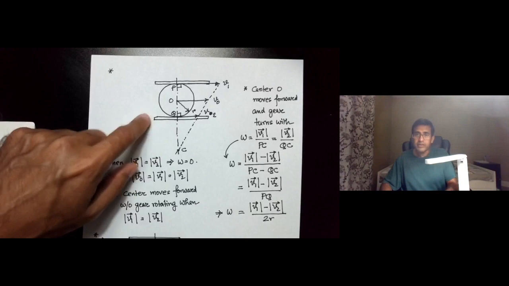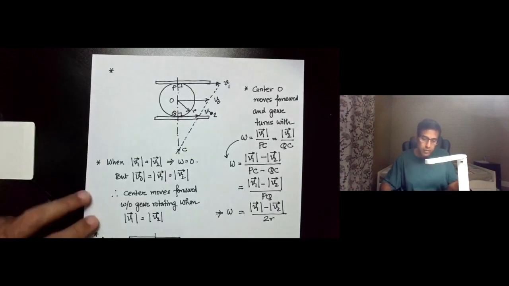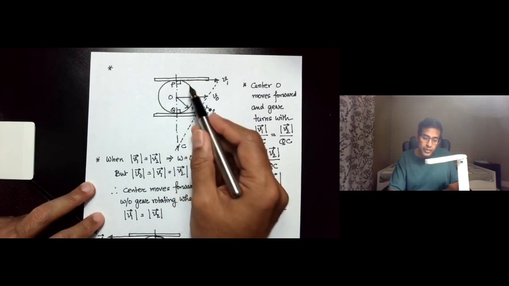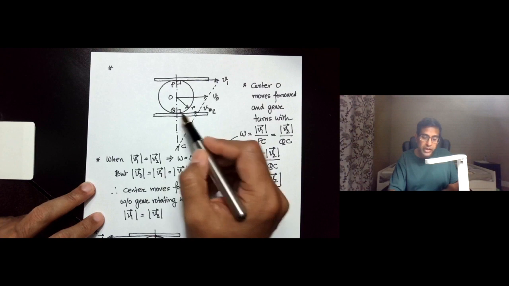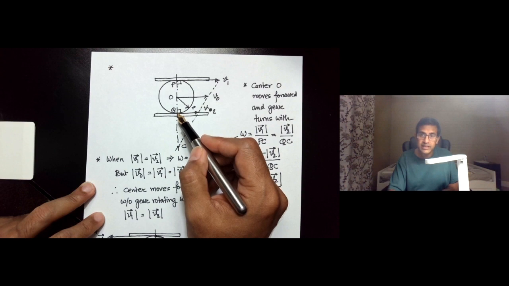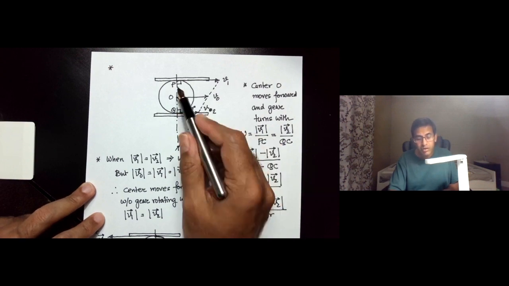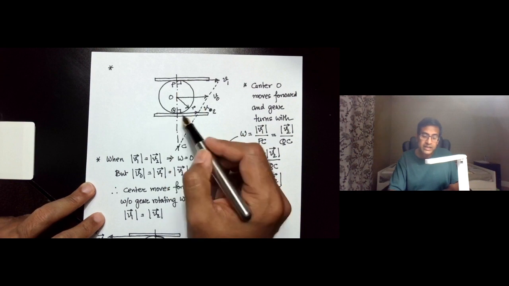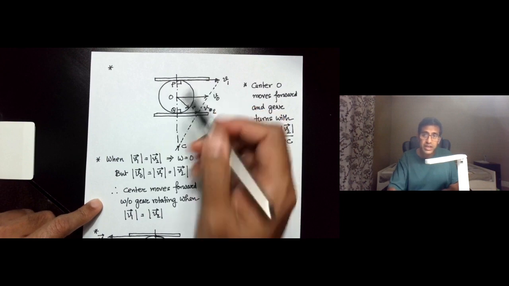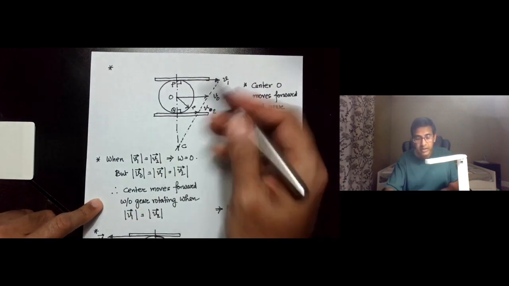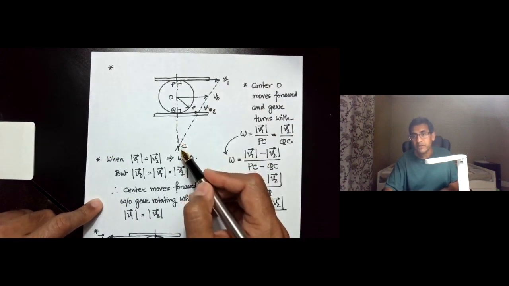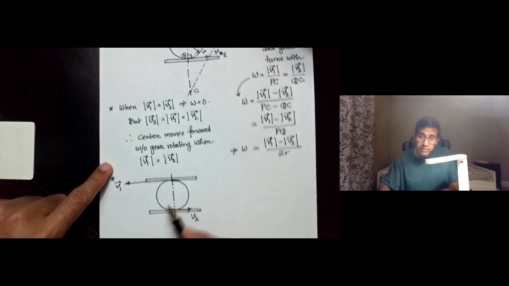By the way, one of the reasons for discussing this problem is to demonstrate that when a disk or a wheel is rolling without slipping on a surface, it does not necessarily mean that the instantaneous center is at the point of contact. It depends on what kind of velocities are being given. In this case, the ground itself is moving, and because of that, the instantaneous center is not necessarily at P or Q, but rather at a third point.